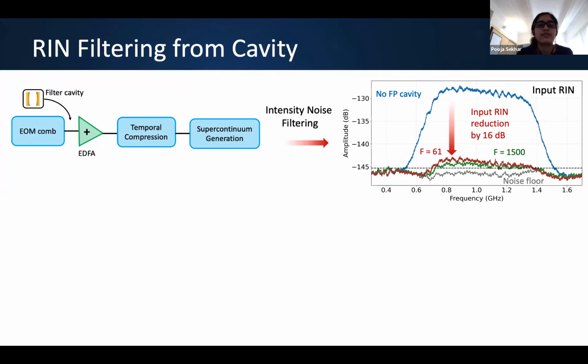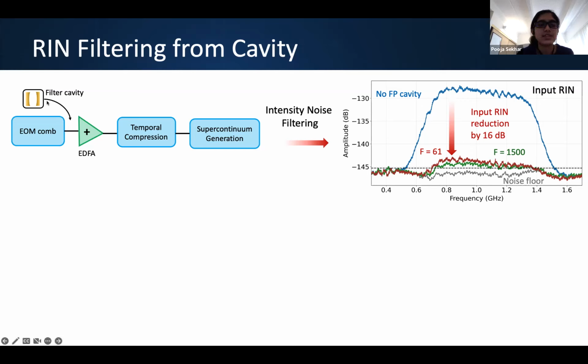So after several of our works on understanding this noise, it was found that it is necessary to add an extra high finesse filter cavity before the supercontinuum generation process in order to avoid the washing out of comb lines at wavelengths away from the pump.